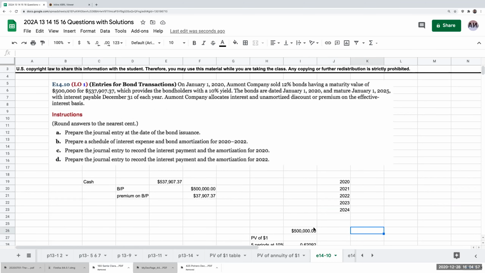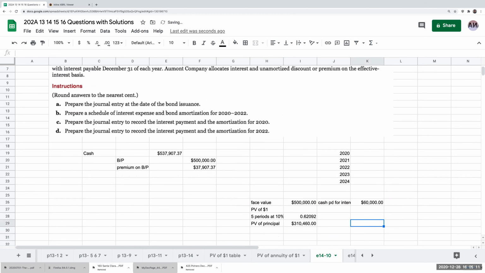To get the interest paid, they're 12% bonds, so the cash paid for interest is going to be 500,000 times 12%. For the interest payments, though, I don't use the present value of a dollar. I use the present value of an annuity of a dollar, 5 periods at 10%, which is the number of times interest is being paid.